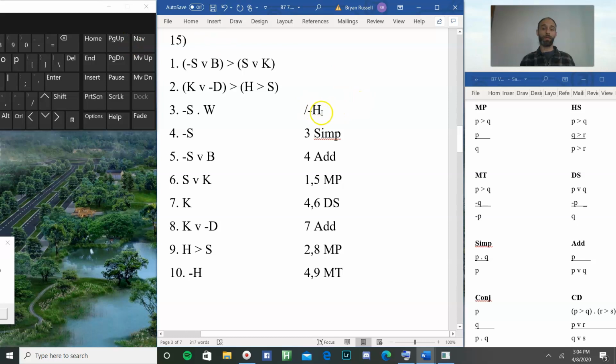And we got there. Looking for tilde H, we got tilde H, justified all our steps, we're all good.